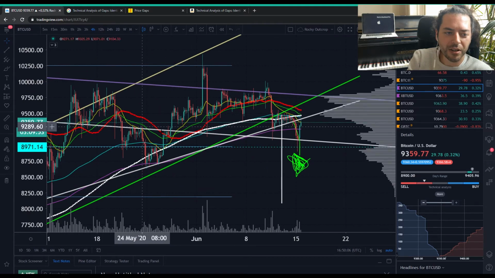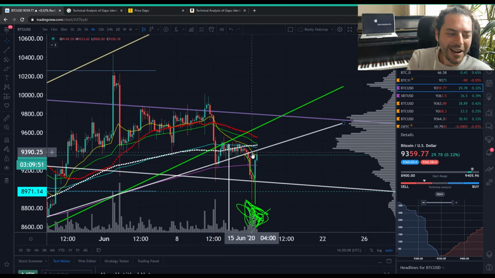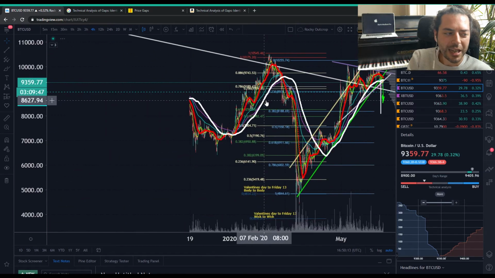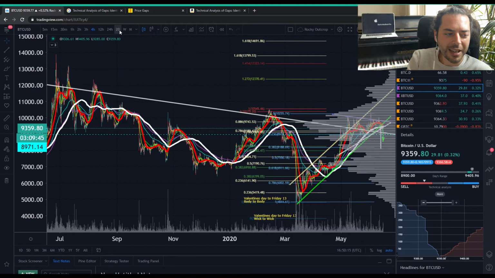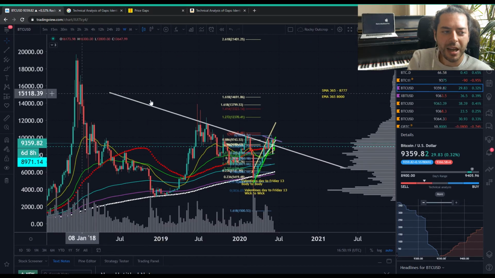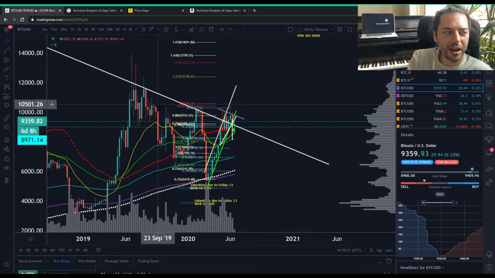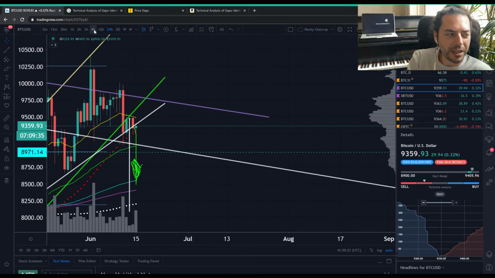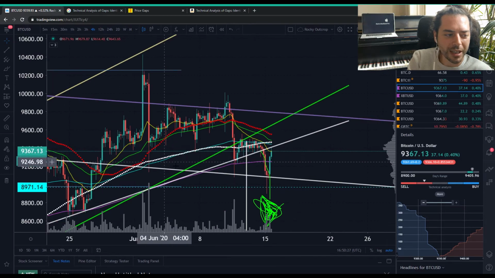So I think those images say 1,000 words in terms of how the price action went around this area. Going over to the Bitstamp chart, you can also see that where it came in just happens to be where we have our downward sloping trend line, a big old fella on the charts. If we go up to the weekly chart, you can see this comes in nicely along the tops of this weekly trend line.